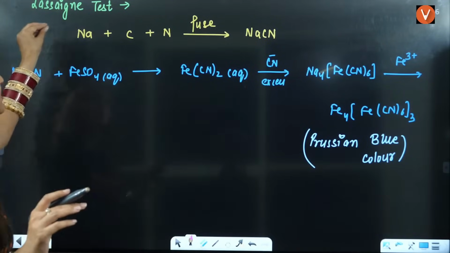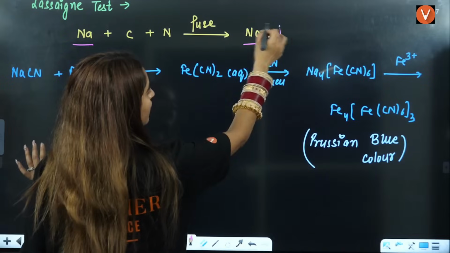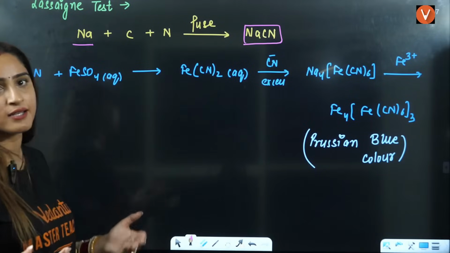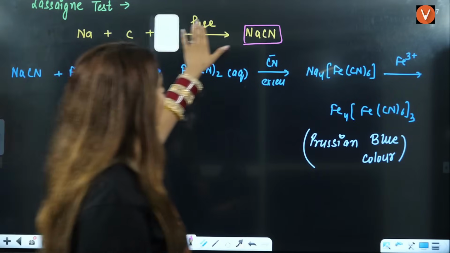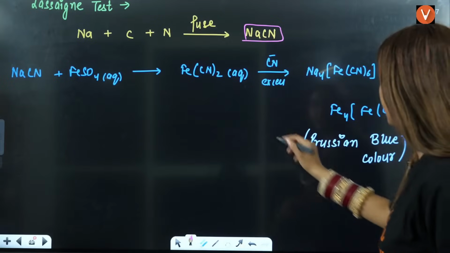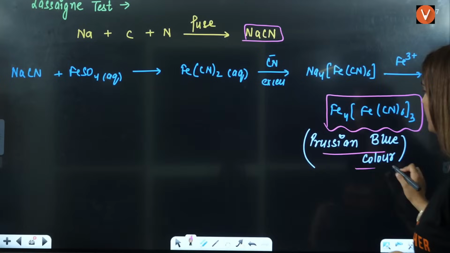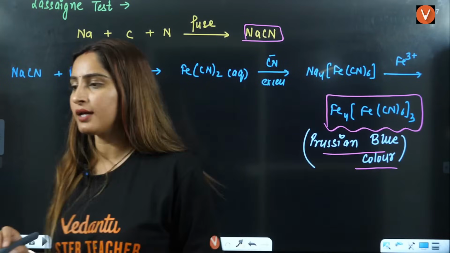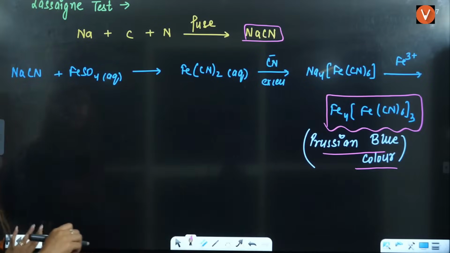So here it is, Lassaigne's test. You prepare the sodium fusion extract, that is Lassaigne's extract, right? So if, let's say, you have CN, you have the preparation of NaCN, right? With NaCN, you will get the preparation of this Prussian blue color, that is ferric ferrocyanide, that will be formed here, right?